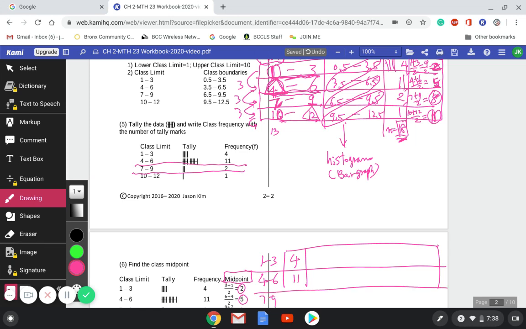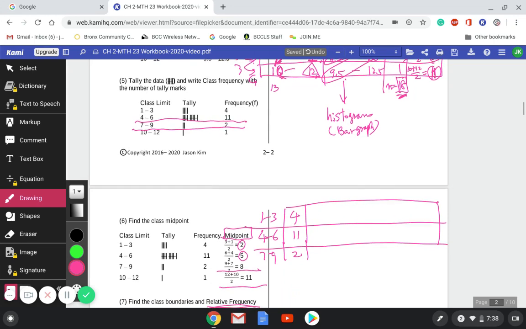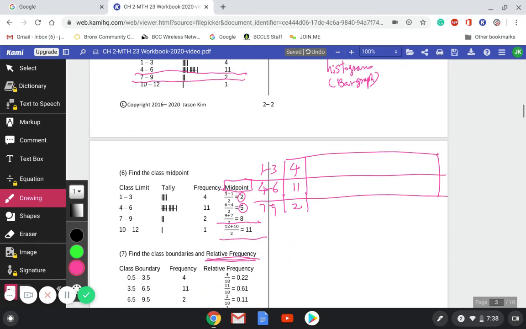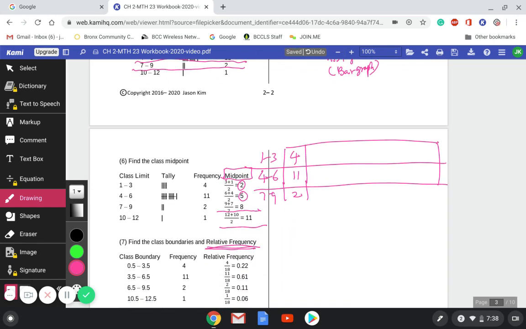And 7 to 9. This is a continuation of a previous table, which is 2. So that was the frequency. The last one was 10 to 12, which was 1. So this is continuation of the table.